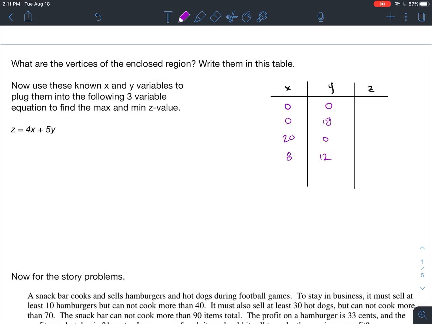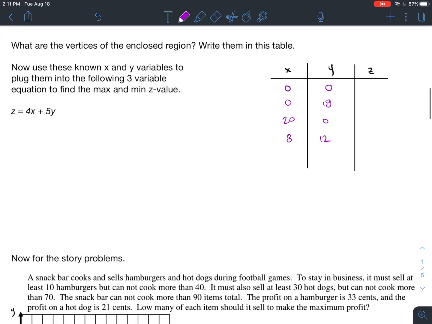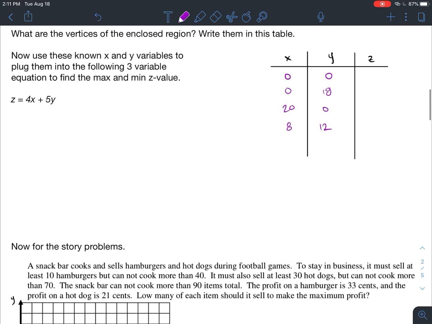Now we use our x and y values and plug them into the 3-variable equation to find the maximum and minimum value. At this point, all you have to do is plug in the x and y values. For 0, 0, z is equal to 4 times 0 plus 5 times 0, so z is equal to 0.